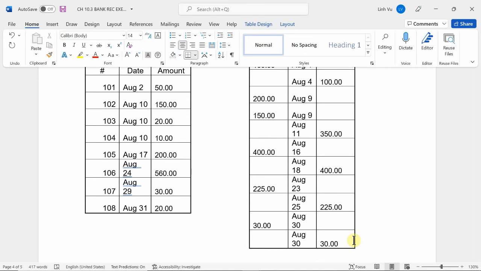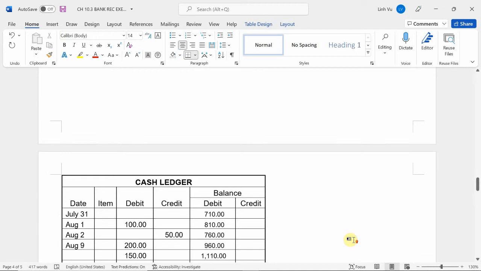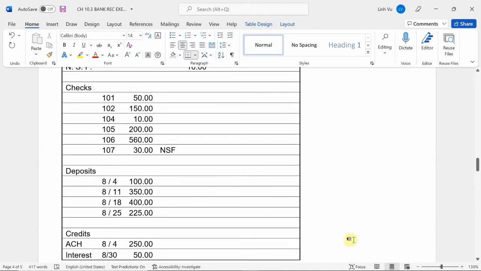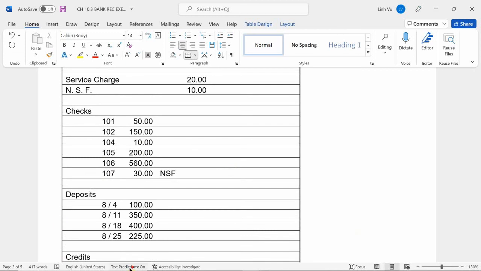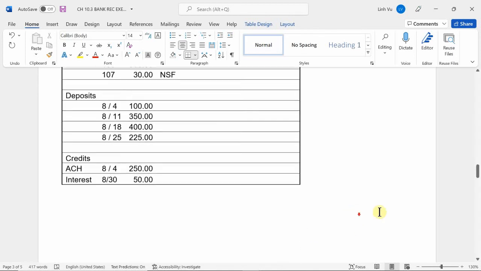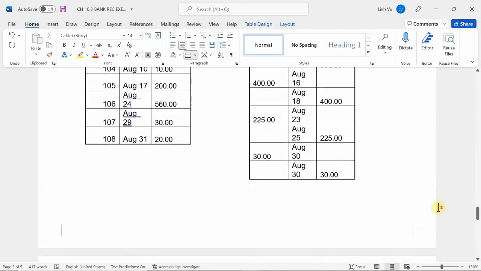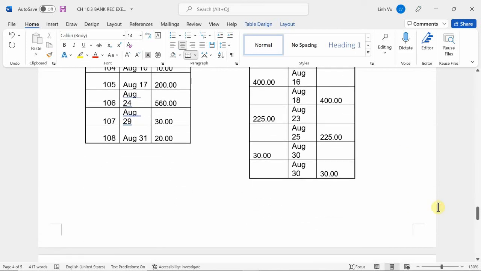Let's compare my deposits to my bank statement. Here are my deposits. Only 4 out of the 5 deposits actually cleared. So you're going to check which one has not cleared yet. The first rule of thumb is that the end of the month is usually a good way to start, or you could just compare the numbers.